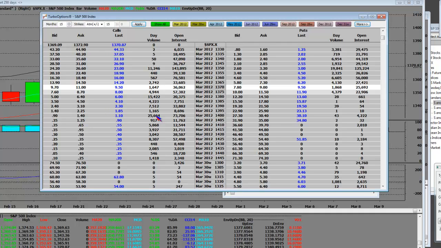That's the big one. So what we're going to do is take a look at where these volumes are, the upper end of the resistances in the S&P 500 relative to the prices over here in the open interest.